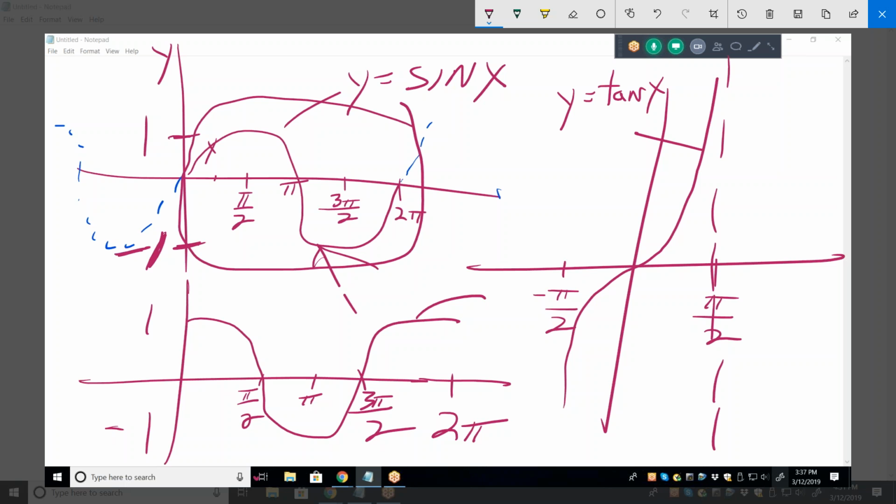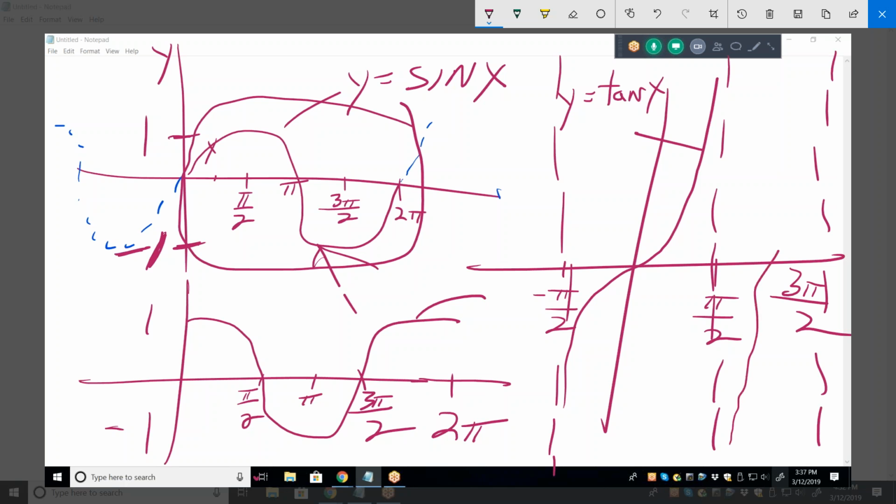And the tangent of minus pi over 2 is minus infinity, because there's a vertical asymptote there. There's another vertical asymptote at 3 pi over 2. In other words, every pi on the tangent curve, you have a vertical asymptote. And each curve is like this. It's always increasing, always approaching those asymptotes.